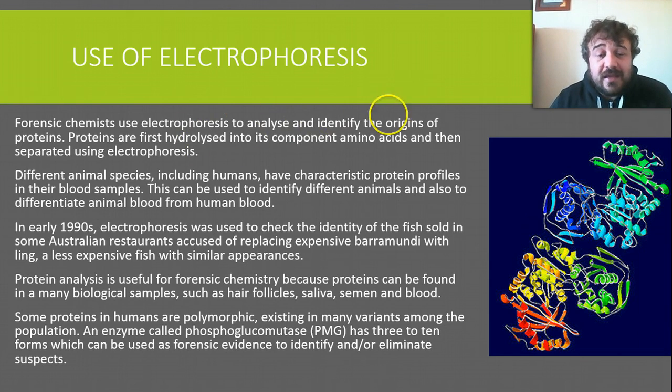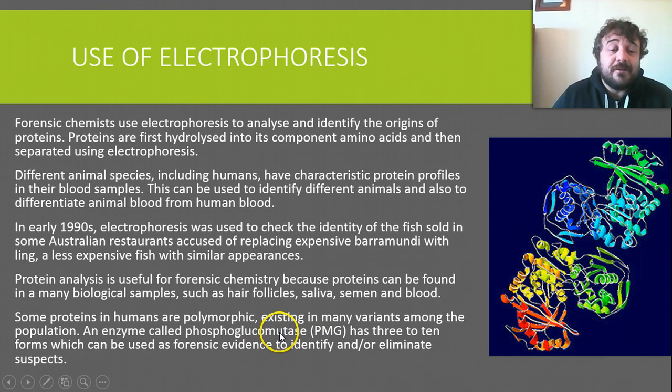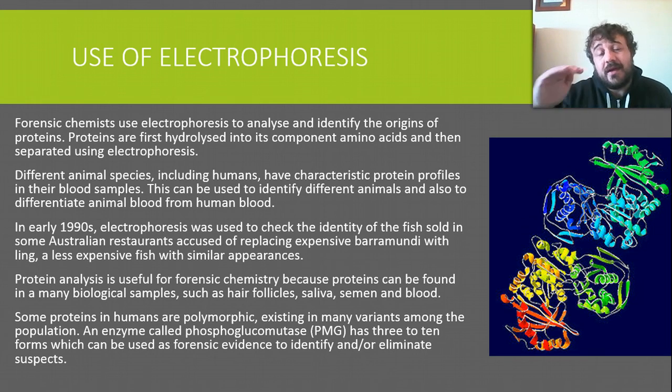There is an example here, phosphoglucomutase. The mutase means that it's highly variable. So this is a good one for you to know. What you do is you get 4 or 5 different proteins that are highly variable, and you compare that, and that allows you to identify an individual with a high degree of certainty. And that's the way we use it.